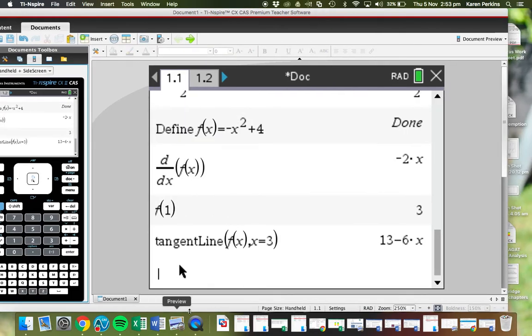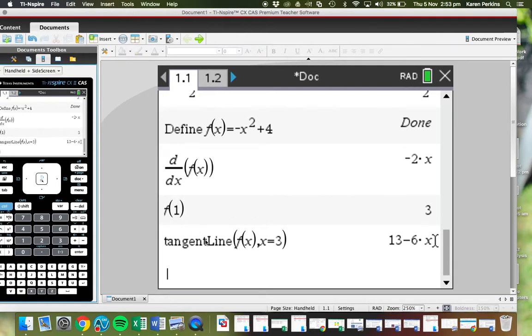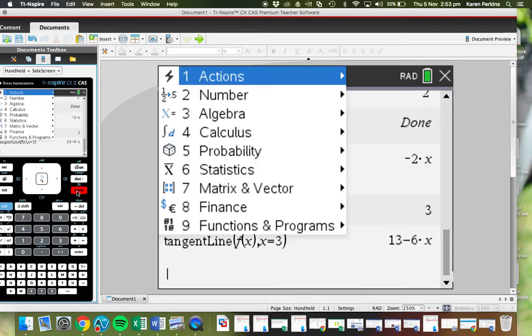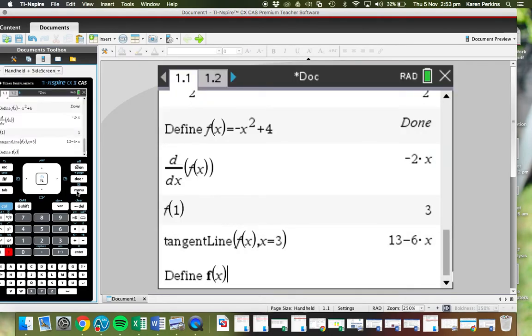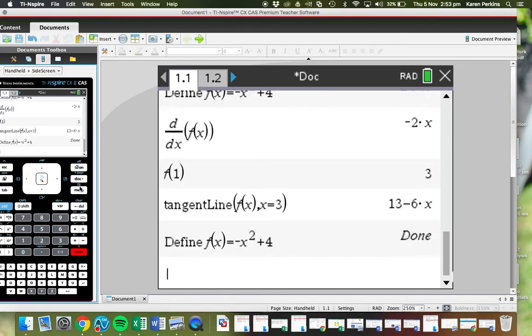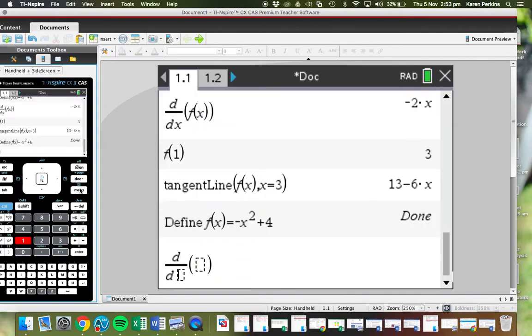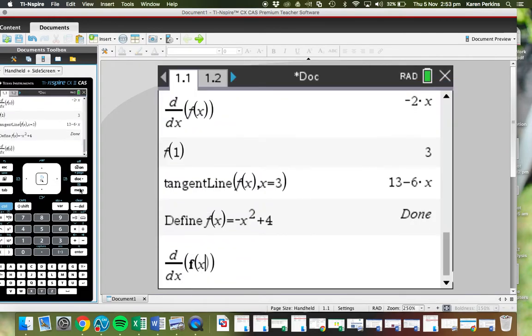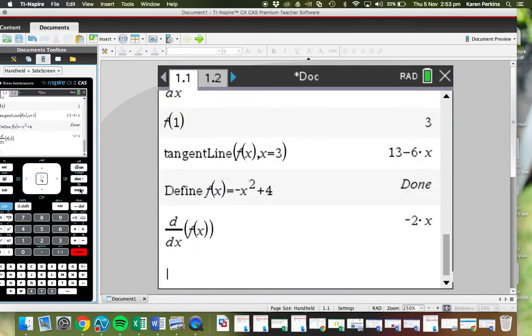Question 6, we know that if we have f of x is minus x squared plus 4, I'll actually put that in, minus x squared plus 4. Let's find the derivative of that function, and it's minus 2x. So we know when the tangent meets the curve, it has equation of y equals minus 2x plus c. This also has a minus 2x.